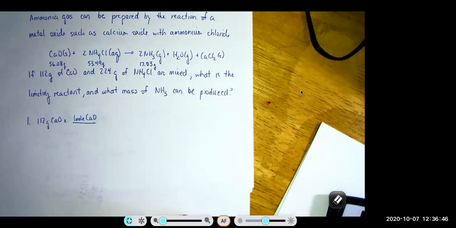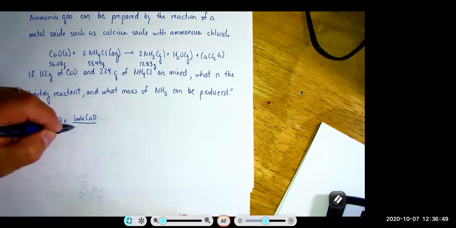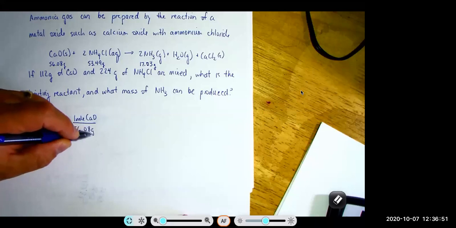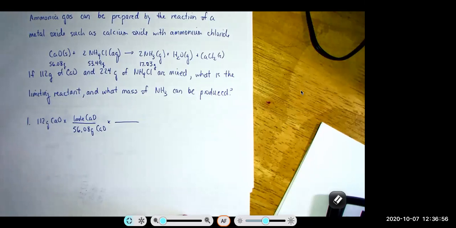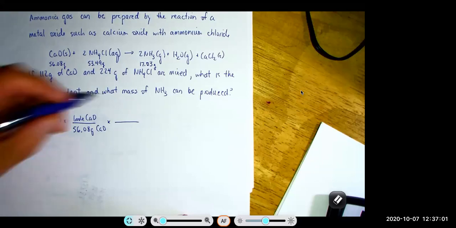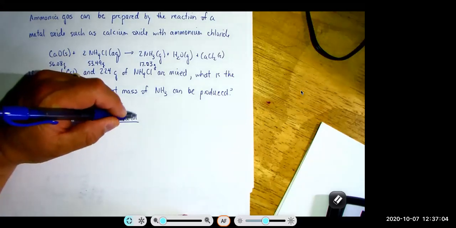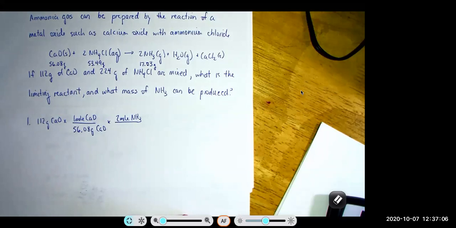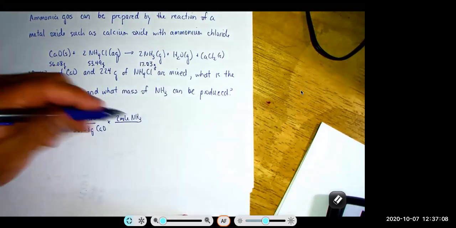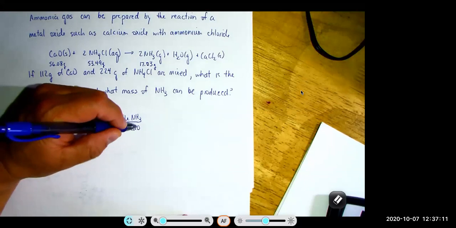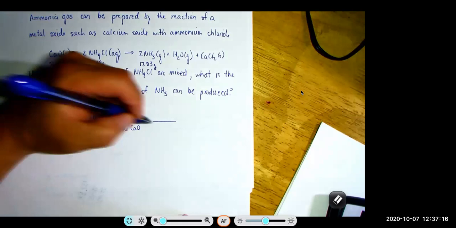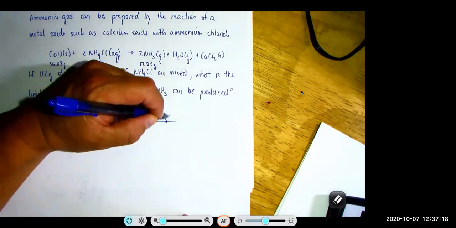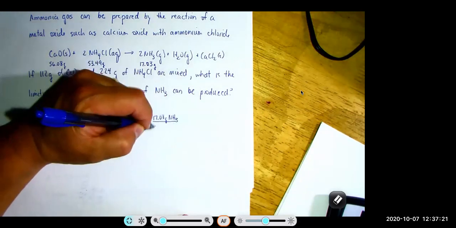Oh, so you put the molar mass of it on the bottom. Oh, and then you'd have one mole of calcium oxide on the bottom, and then you would do 1 mole of ammonium on the bottom, and then the molar mass on top.